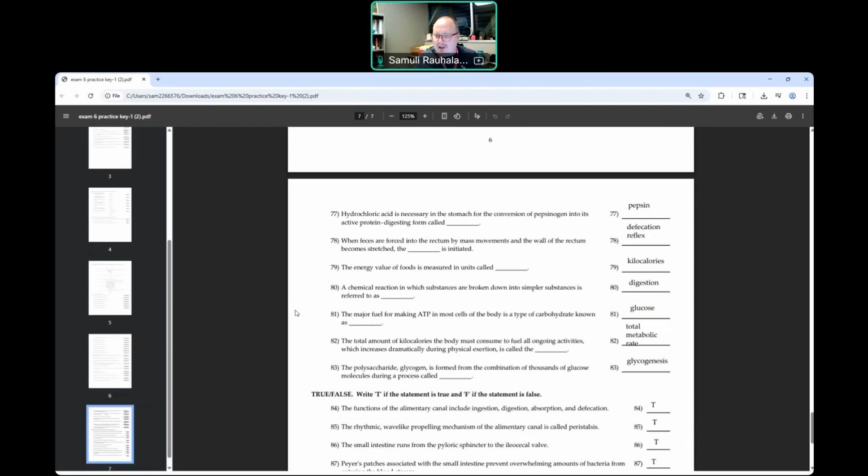We also talked about the total metabolic rate, so how many kilocalories we are using to keep the body going. And finally, the polysaccharide glycogen is formed from the combination of thousands of glucose molecules during a process called glycogenesis, so making a larger one from the smaller ones.